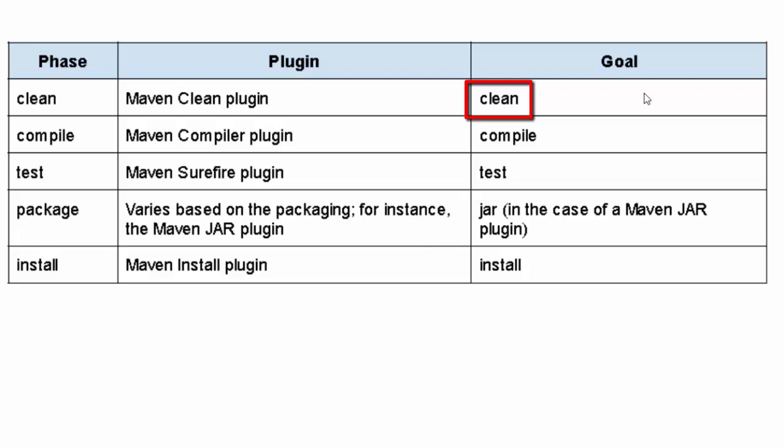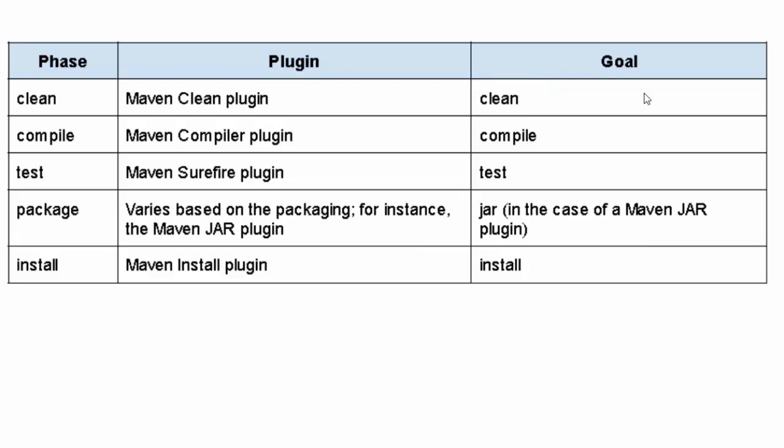So at a granular level, this clean goal would do the task for me. The Maven clean plugin is basically a jar file and this clean goal invokes a particular method that will do the task for me. It will basically do the cleaning of the associated directories.